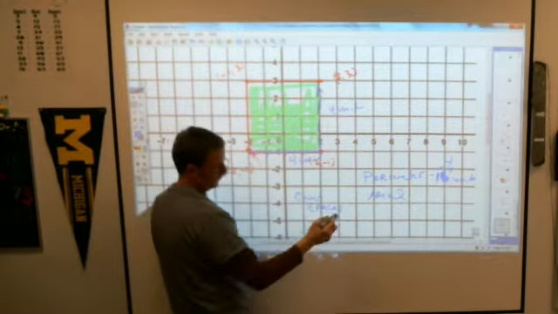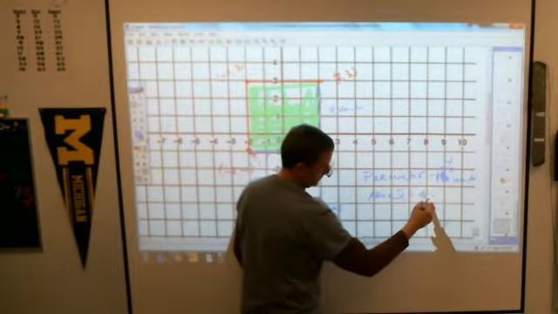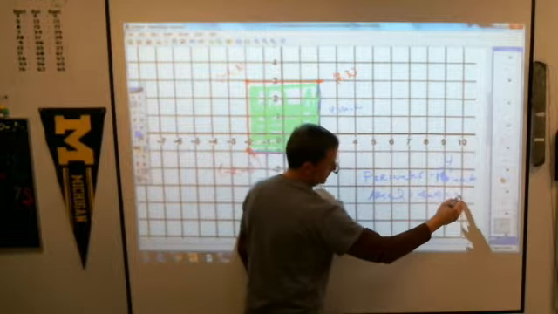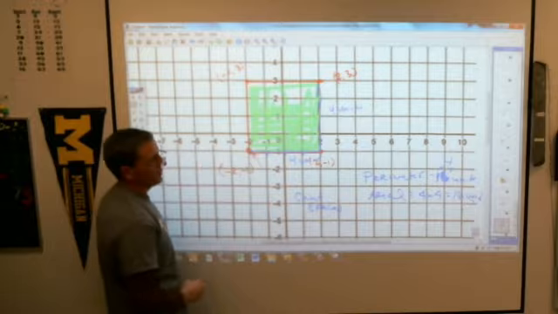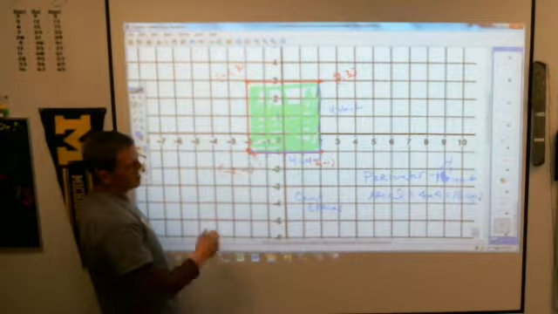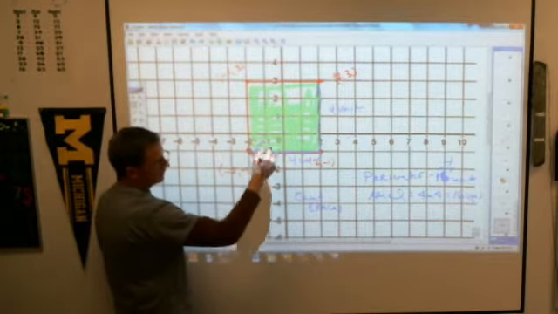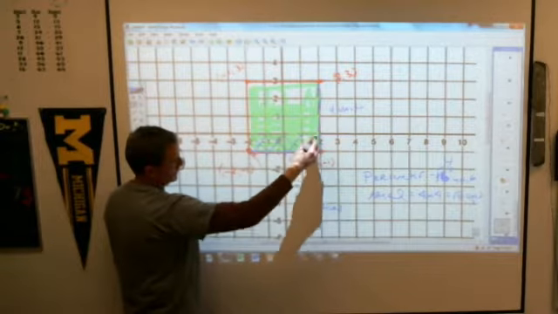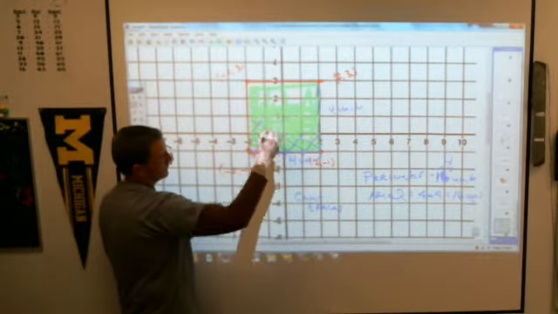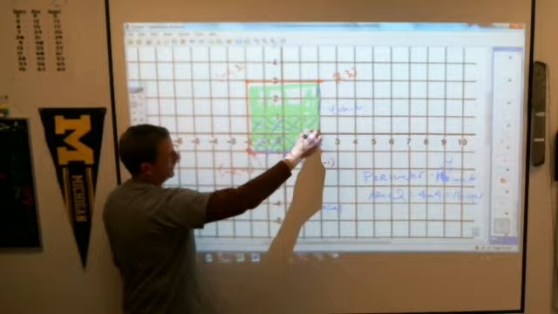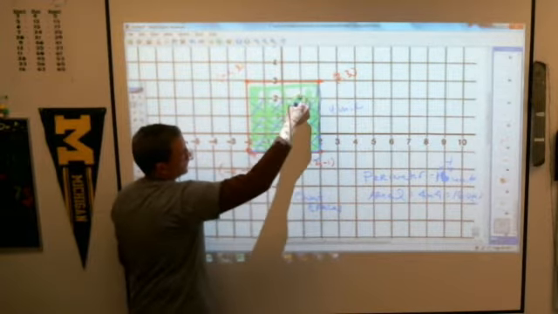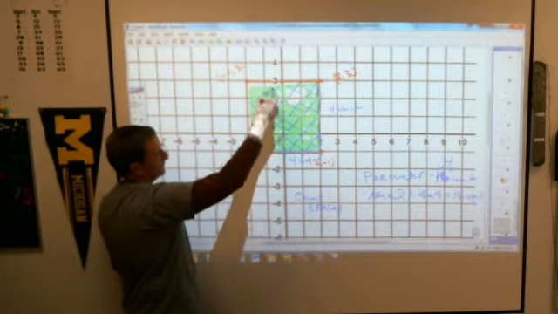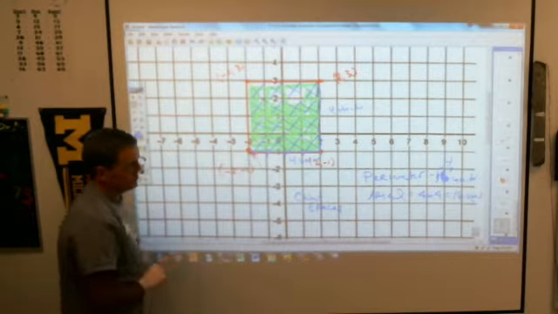Area is also 4 times 4, which is 16 units squared. And if you counted how many squares it takes to make up the shape, you would get 16. 1, 2, 3, 4, 5, 6, 7, 8, 9, 10, 11, 12, 13, 14, 15, 16.